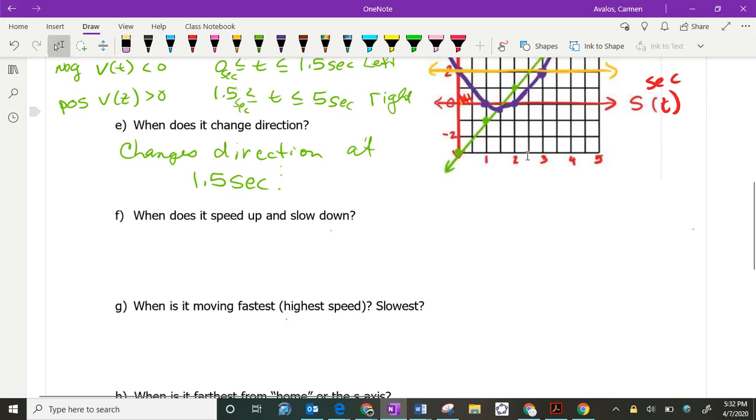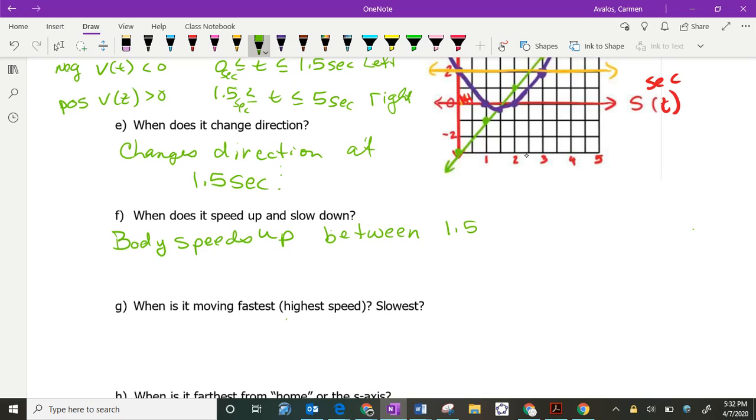So we could say the body speeds up between 1.5 seconds to 5 seconds. And then the body slows down between 0 and 1.5 seconds.